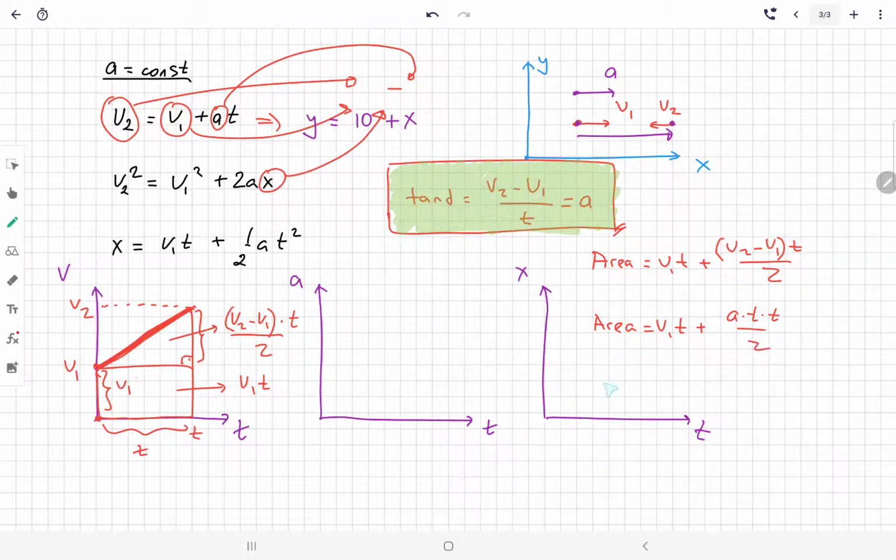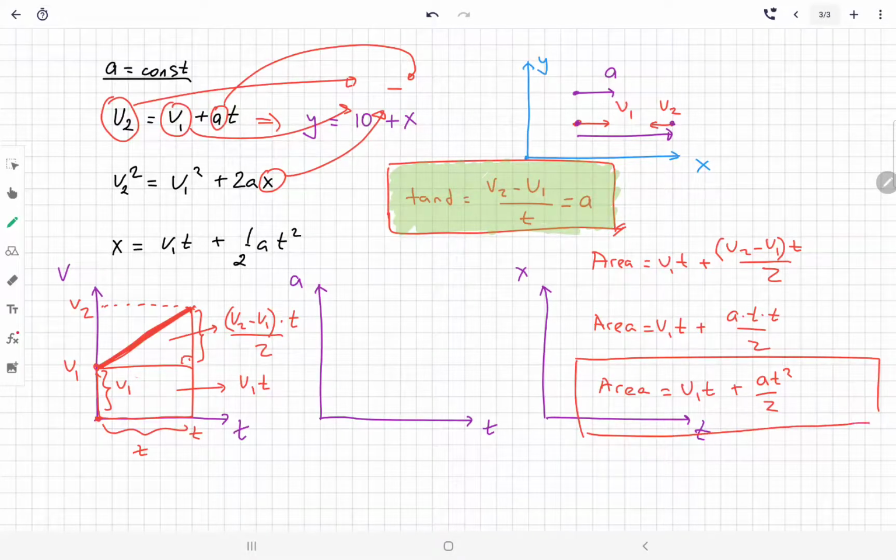And finally, area equals v1 t plus a t squared over 2. So this is basically totally the same as this equation, v1 t plus a t squared over 2.